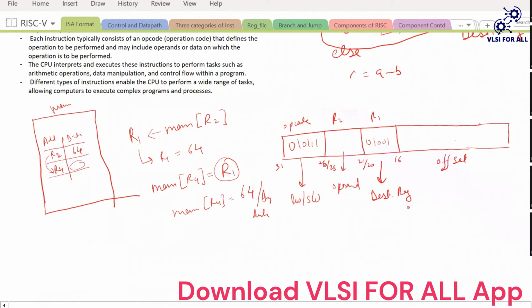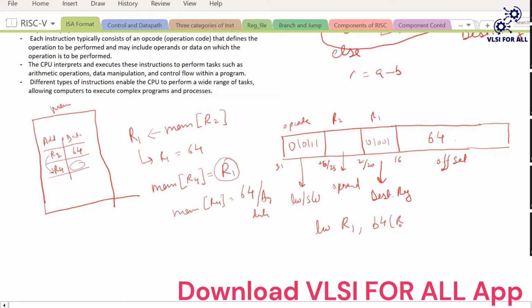What offset does is, let's say we have to add something to the address. Suppose I added 64, okay? So it's like this. Load R1 64.